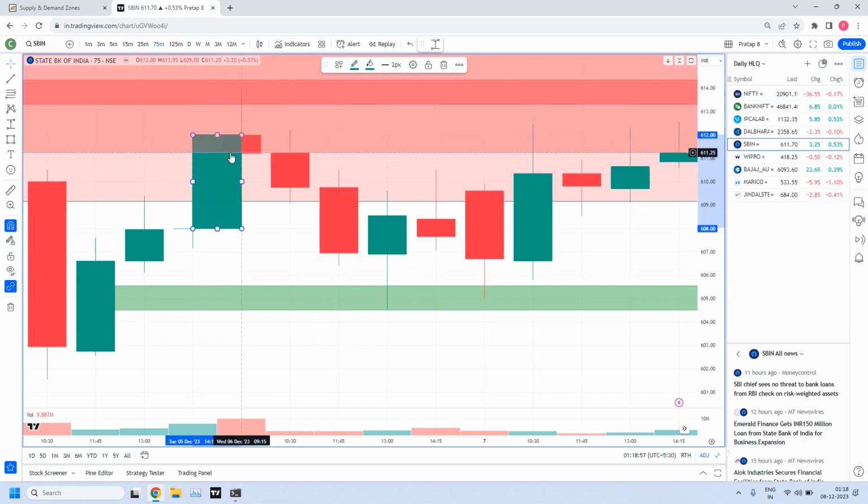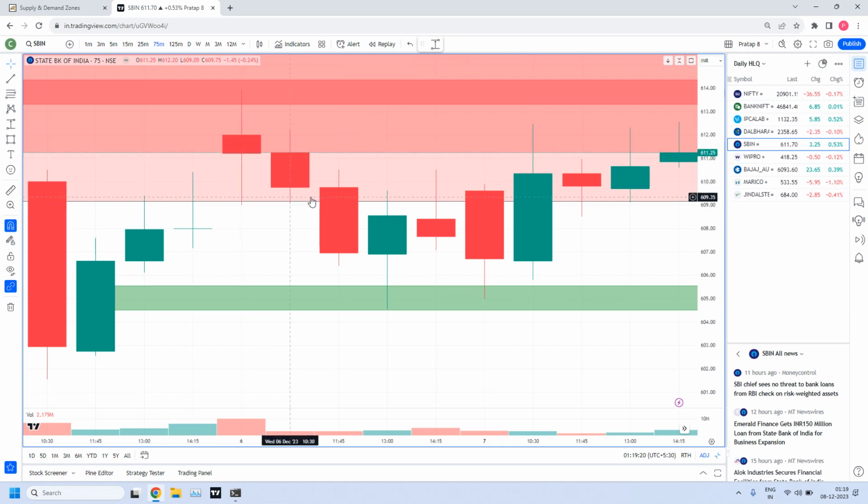Now you look here. This is the body, and let us assume the rest is the wick. Now you have a rally candle, base candle, and a drop candle. That way you can understand this pattern. If that is the case, just delete this. Now let us draw the 75-minute supply zone.